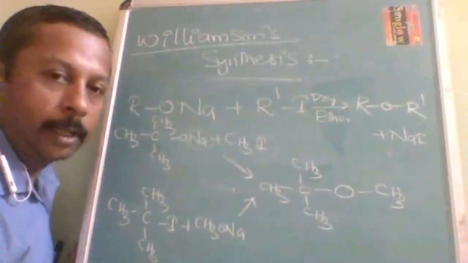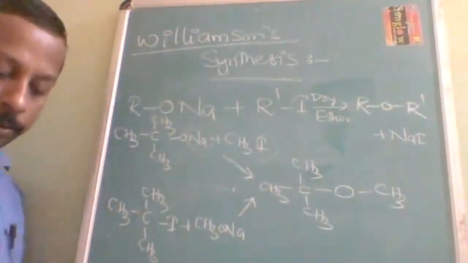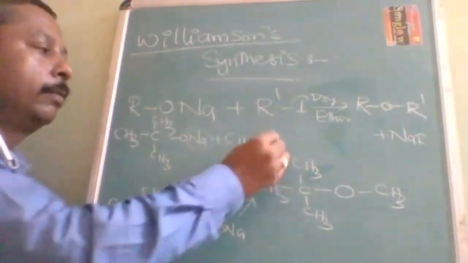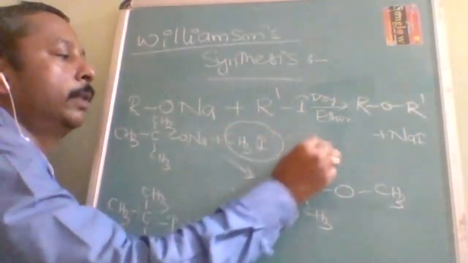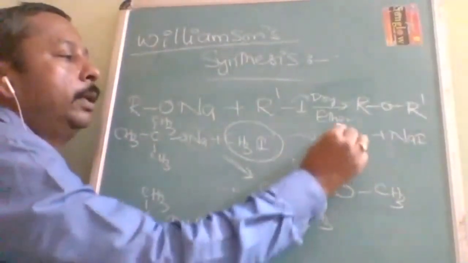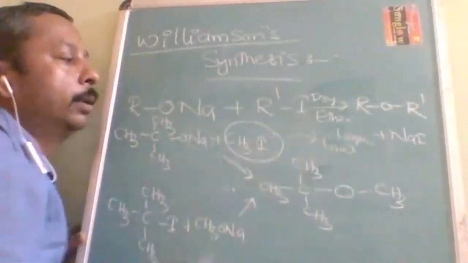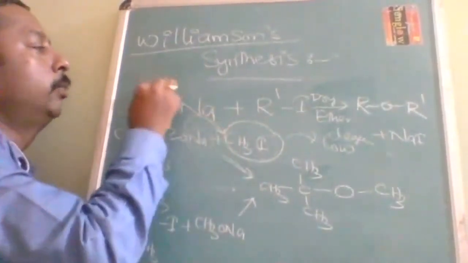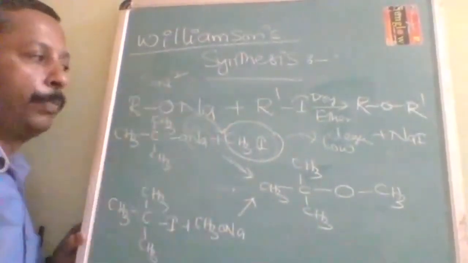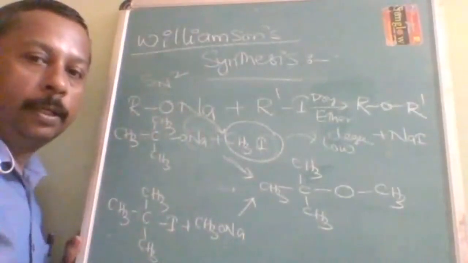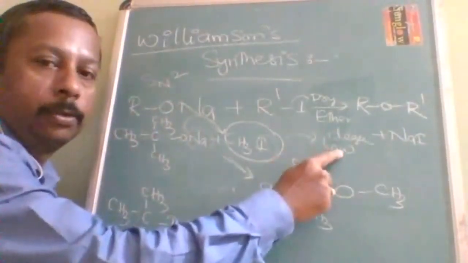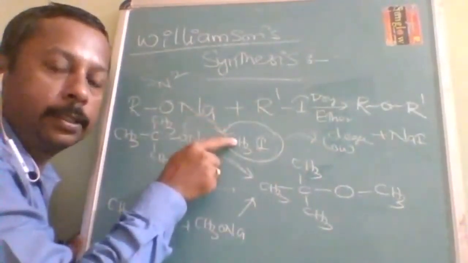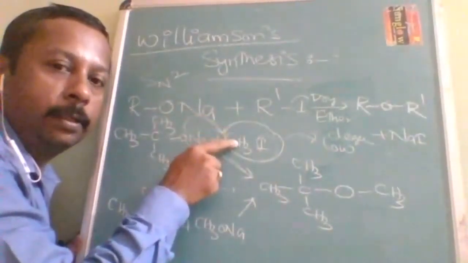Okay, for a good yield, you should make sure that the degree of the haloalkane should be the lowest. Its degree should be low because the attack of the nucleophile takes place through the SN2 mechanism. Which mechanism? SN2 mechanism. If the degree is low, only then will the nucleophilic attack on this be easy.